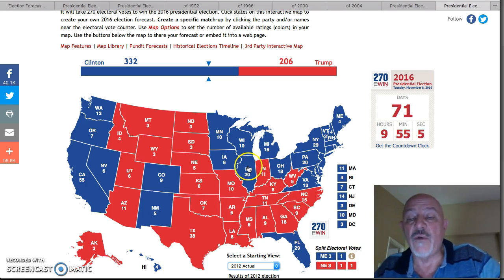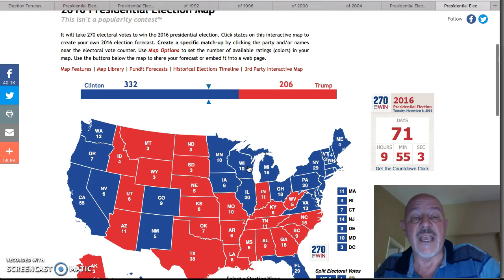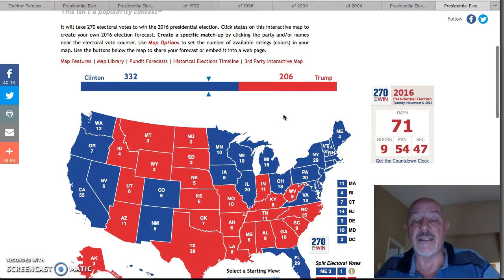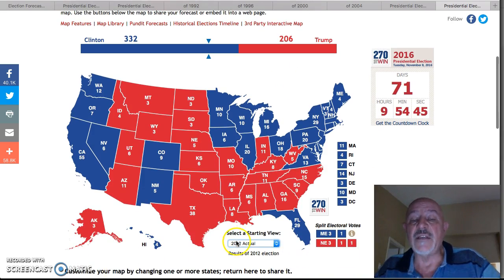I believe the rest was the same. So that made his total electoral vote count 332, and in this case he was running against Romney, and Romney had 206. Okay, so this is the 2012 election.